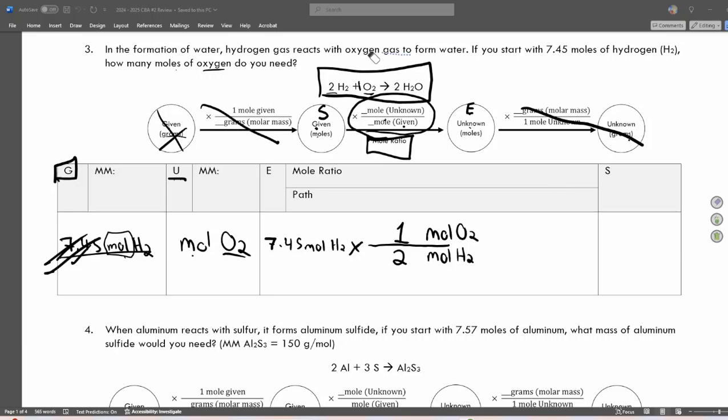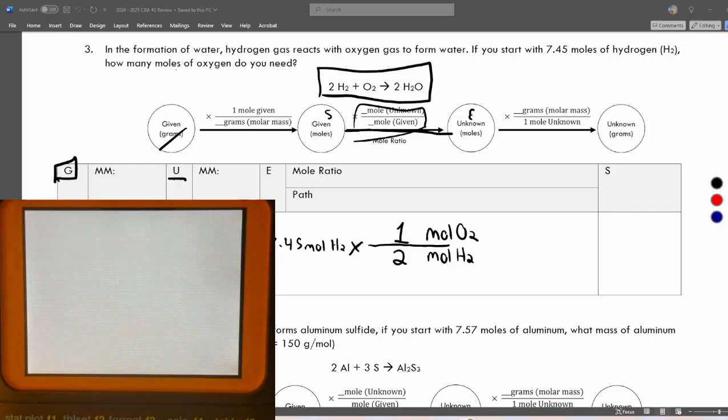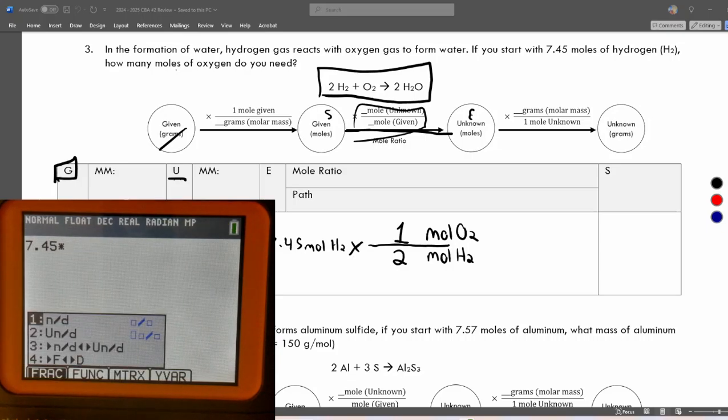So I had said that we are going to start here and end here. And so this is the only step we have to do. This is the only fraction we have to do. Let's multiply that out on our calculator. So I'm going to do 7.45 times, and I'm going to make a fraction.